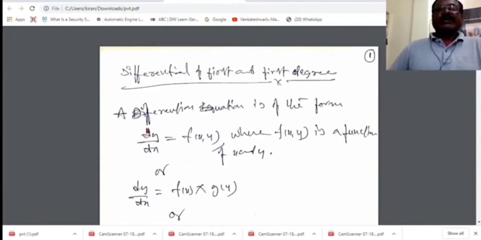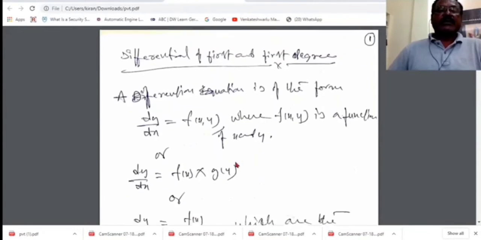Now the definition of a first order first degree differential equation: it is a differential equation of the form dy by dx is equal to f of x comma y, where f of x comma y is a function of x and y.